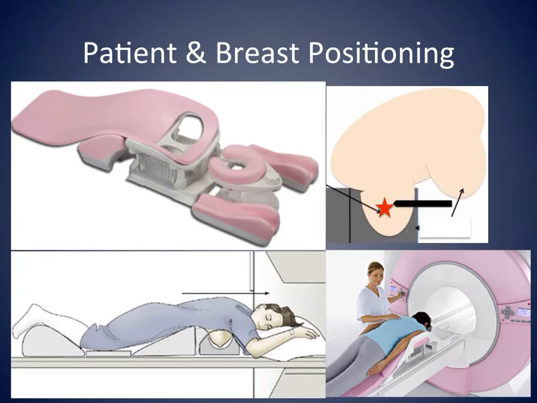The breast may need to be deep or shallow, or flat or tilted in the coil, depending on the lesion location and approach. The arms may be placed above the patient's head or along the side, again depending on patient's comfort and lesion location. Depending on the equipment, the patient will be placed in the scanner head or feet first.